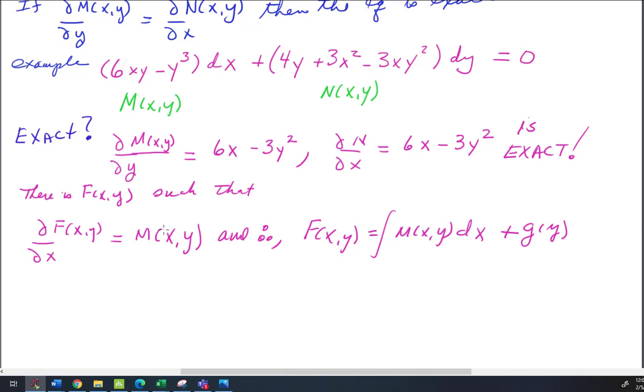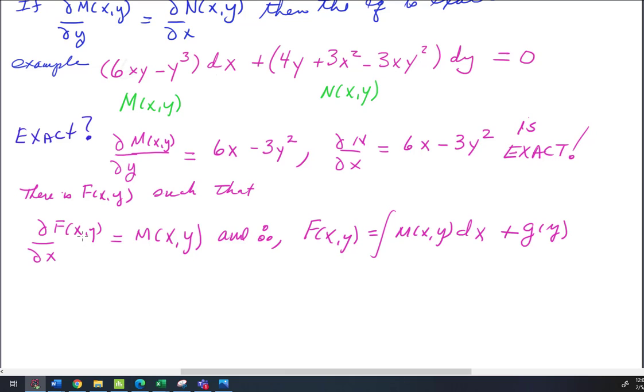Now think about this. I know what M is, because it's expressed explicitly in my equation. But how did I get M? Well, I took the partial of f with respect to x. You think about f being a function of x and y, and when I differentiate with respect to x, any y terms alone are going to be 0.